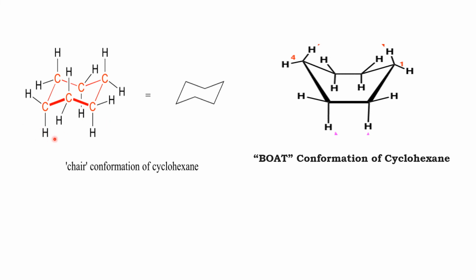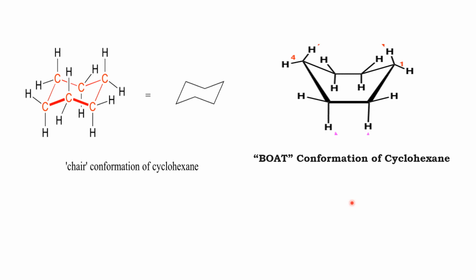In the chair conformation, the molecule is arranged in such a way that it looks like a chair. And in the boat conformation, the extreme carbon atoms are arranged in such a shape that it looks like a boat. So the two extreme conformations of cyclohexane are identified as the chair conformation and the boat conformation.